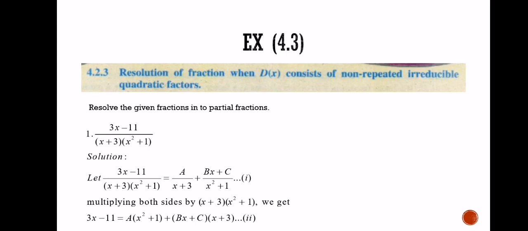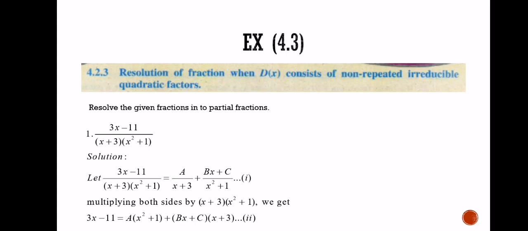If we are given a fraction with a denominator consisting of linear factors, we will write a single unknown constant in the numerator. But if we are given a quadratic factor in the denominator, we will write a linear polynomial in the numerator in terms of unknowns.